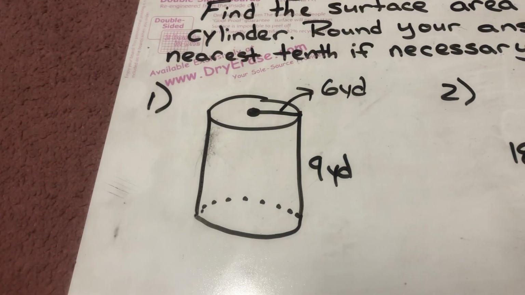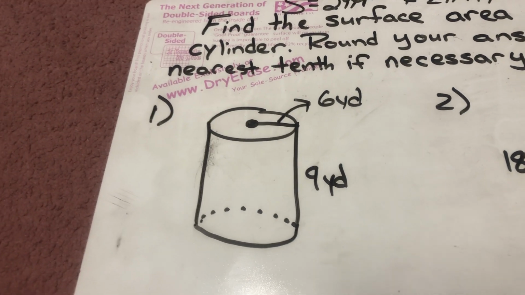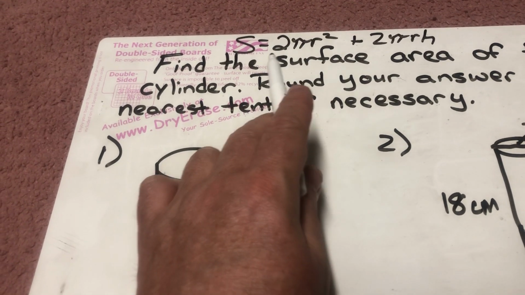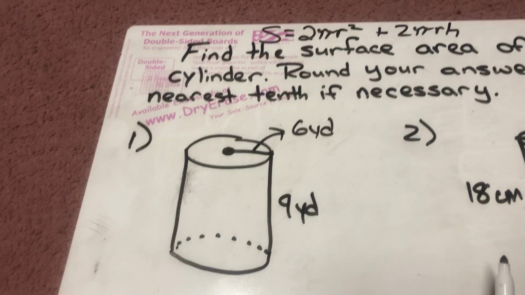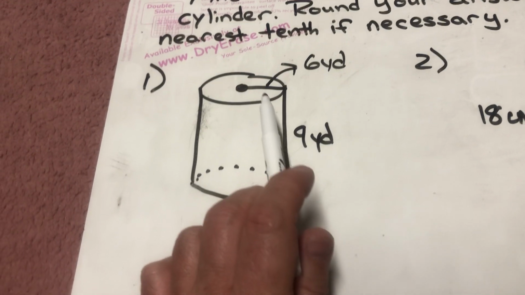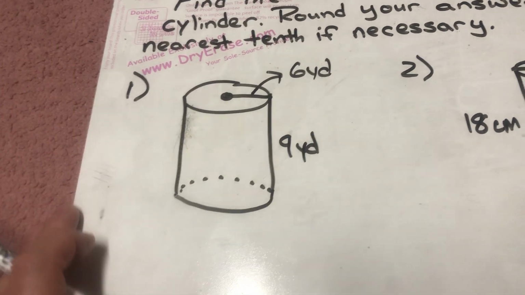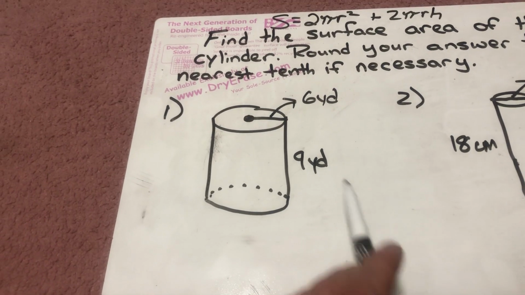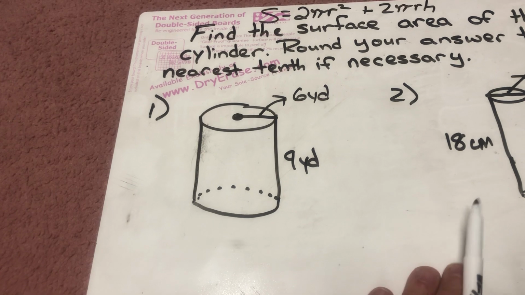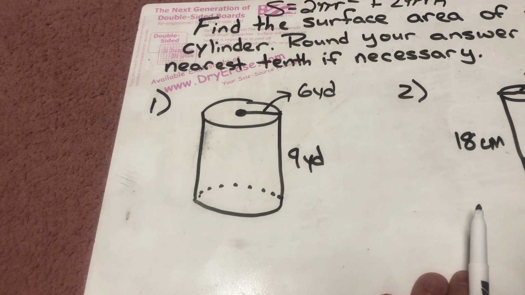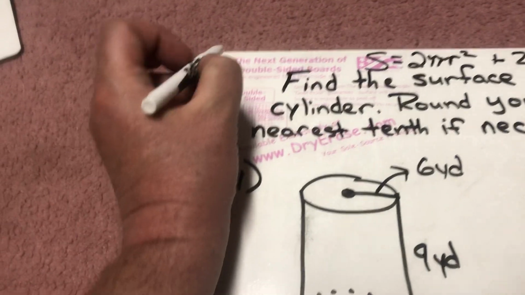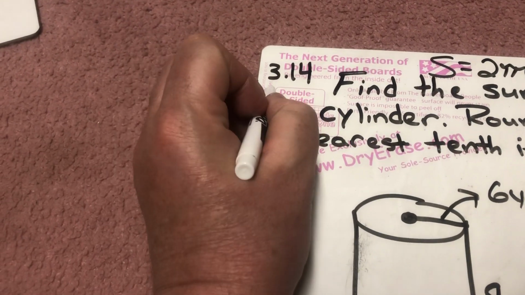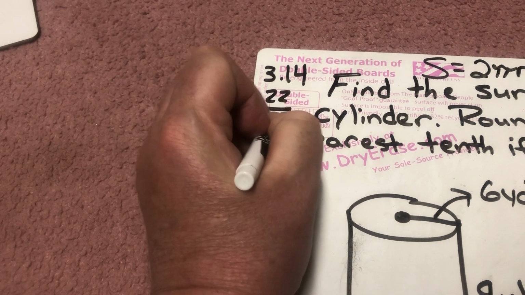So if we have this cylinder here, first of all, I want to focus on this part, 2 times pi times radius squared. Well, I see that the radius is 6, so if I square 6, that gives me 36. So radius squared is 36. And then if I take pi times 36, now pi, remember, is either going to be as a decimal, 3 and 14 hundredths, or as a fraction, it's going to be 22 over 7.